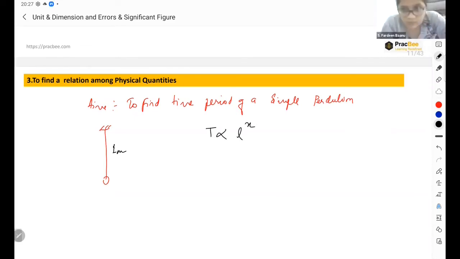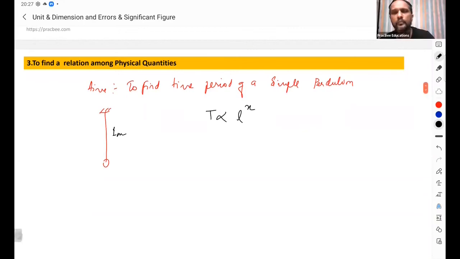Then you take it to the moon and you observe that the time period again changes. So you come back and you say that the time period is dependent on g also, let's say some power of g. Then you have a doubt in your mind that it might depend on the mass of the simple pendulum also.